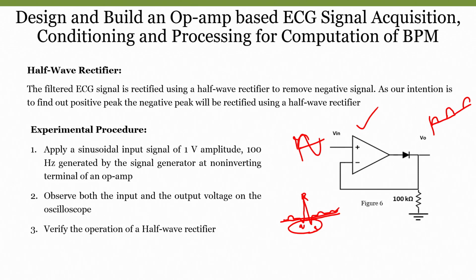As we know, if we keep a capacitor, the capacitor will charge to whatever output we receive. So we can understand that if the voltage is increasing, the capacitor charges slowly. Since we do not create any discharging path, the highest voltage that we get, the capacitor will be charged to that highest voltage value.